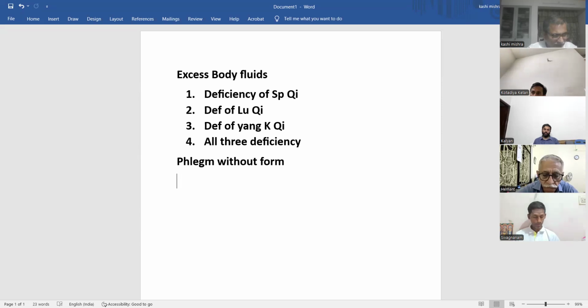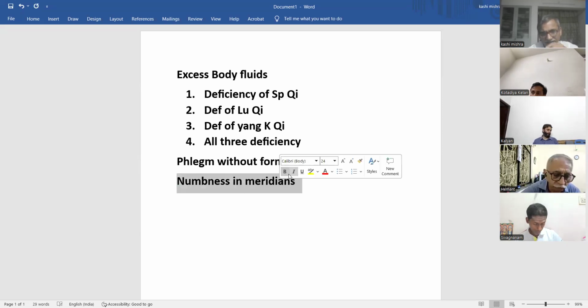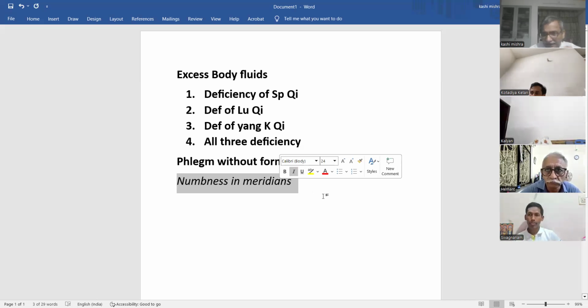This can be as numbness in meridians. So some people will come कि साहब हमको numbness आ रही है यहाँ पे, this area, they will show you an area. In that area, which meridian is going? You have to take out the numbness.